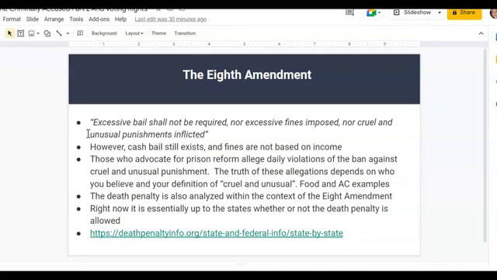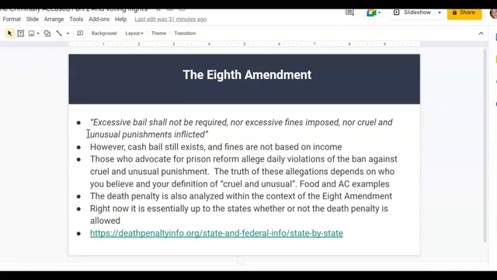It doesn't matter if I won the lottery and I'm worth $800 million, or if I make $60,000 a year as a social worker. That fee or fine is the same for everybody, when some people think maybe it should be based on income or a sliding scale or something. So cash bail and uniform fines, regardless of income, do not violate the Eighth Amendment. At least the Supreme Court hasn't said that it does.